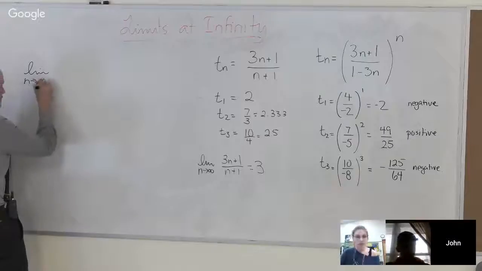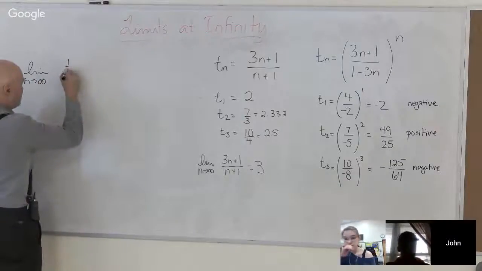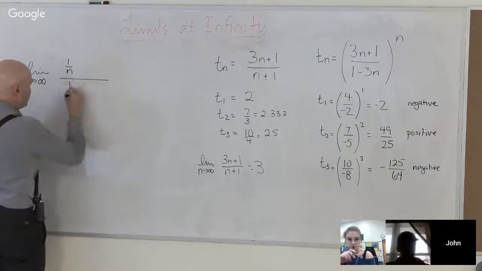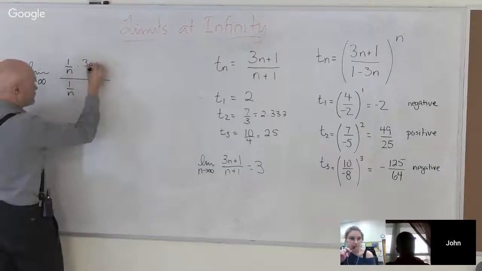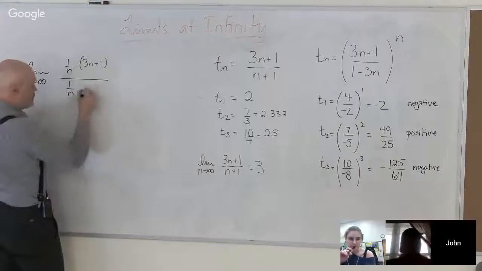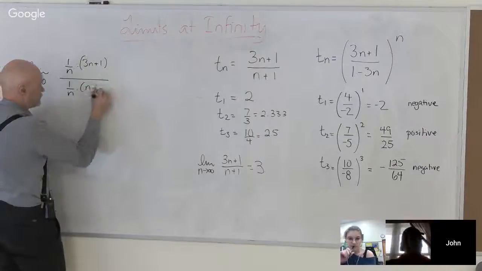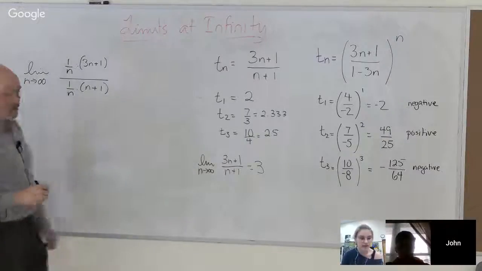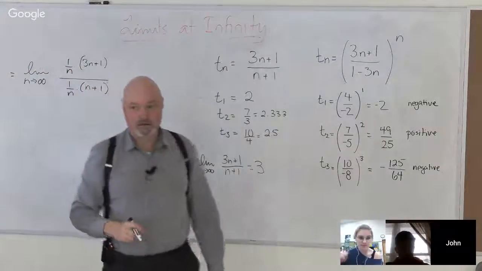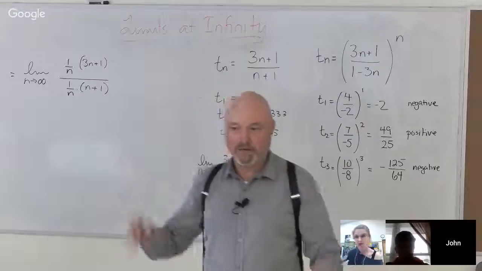Limit as n goes to infinity. We multiply the top and bottom by 1 over n. Is that the same as dividing by the highest power? Yeah, highest exponent.